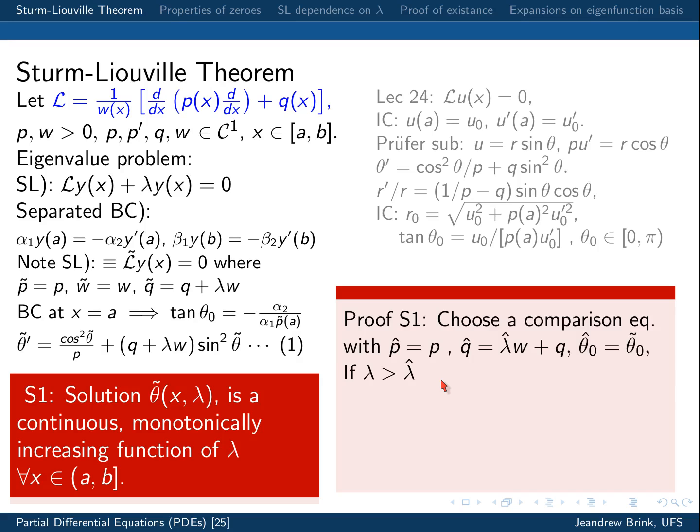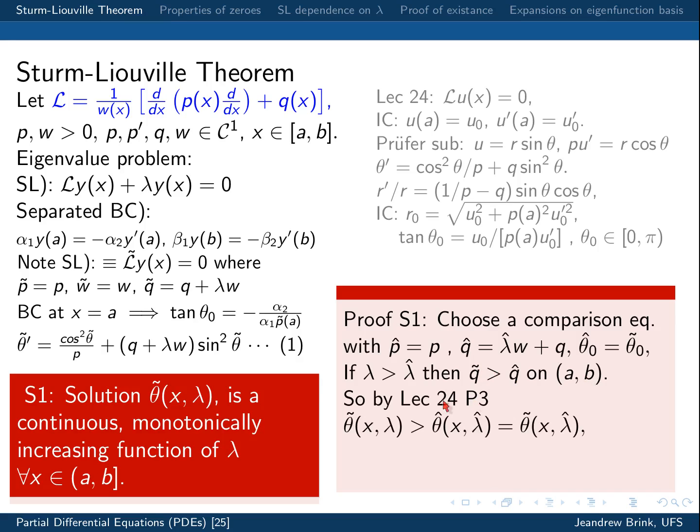So now, to show that this is monotonically increasing, we're going to say if lambda is greater than lambda hat, then we have q tilde greater than q hat on AB. And if you remember, there was a theorem in lecture 23, I called it P3, that stated this was the case where we had the strong inequality on Q. This was enough to imply that theta tilde is strictly greater than theta hat on all of x, provided we've chosen lambda greater than lambda hat.